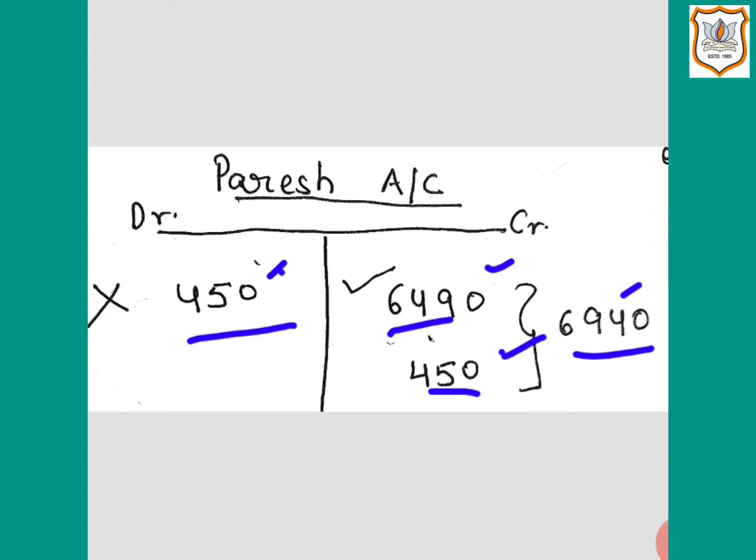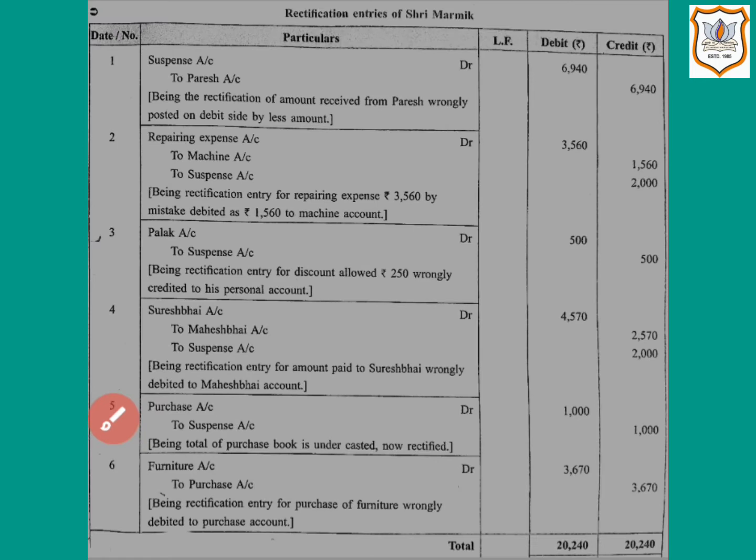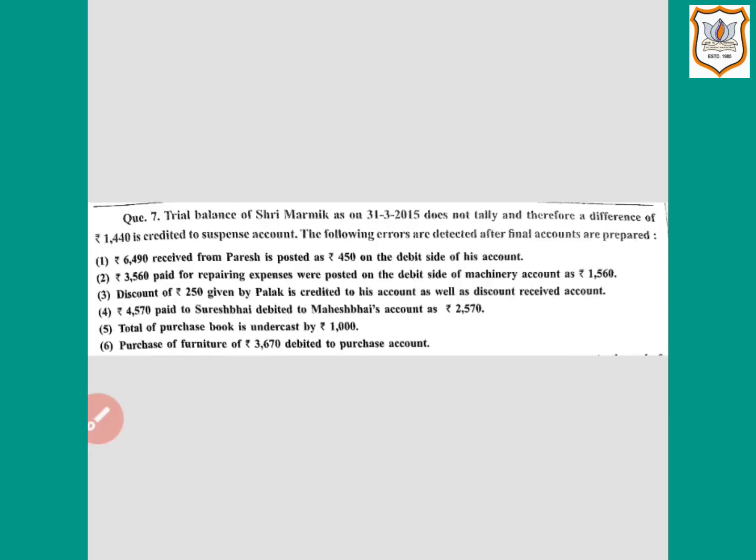So the rectification entry would become suspense account debited by rupees 6,940 to Paresh account. We will record it like this. Suspense account will be debited by rupees 6,940 and Paresh account will be credited by rupees 6,940. Now let us see the next one.